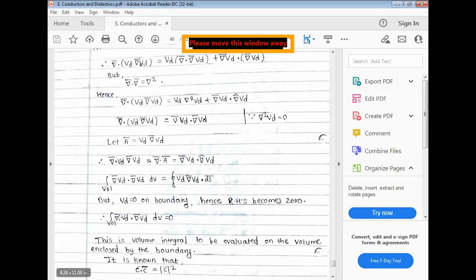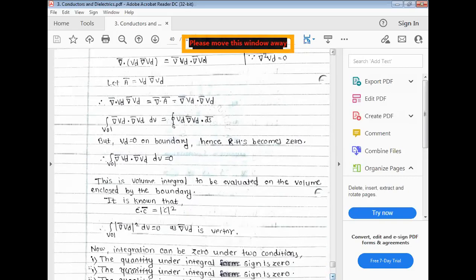But at the boundary, this Vd is equal to 0, because V1 is equal to V2 at the boundary, so the potential difference Vd is 0. Hence this RHS becomes 0. So this equation becomes the volume integral of del Vd dot del Vd dv is equal to 0.